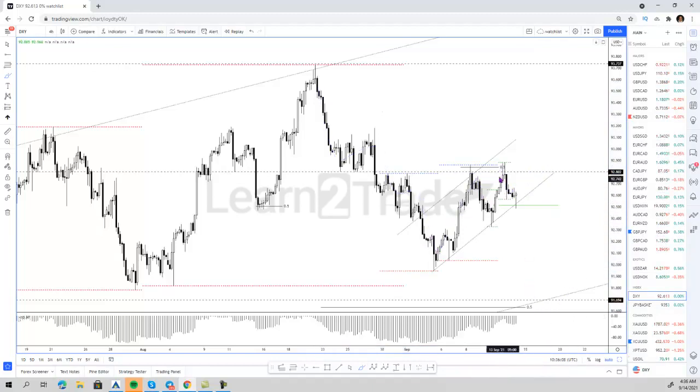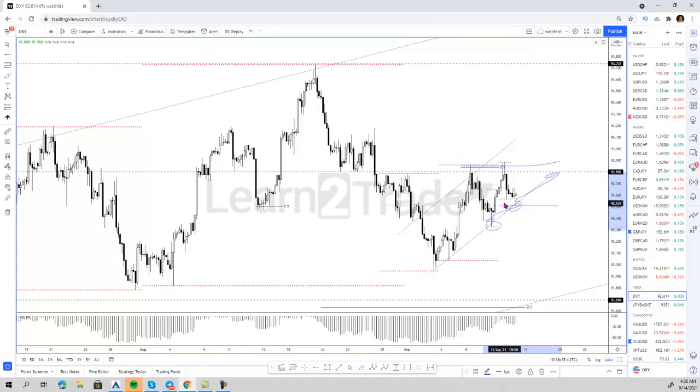Because we are printing somewhat flat lows and higher lows, this also could be just a flat triangle and a break to the upside. In my opinion, the highest probability trade right now on the US dollar is to the upside, since the structure we are printing is a bullish breakout structure called a flat triangle, guys.